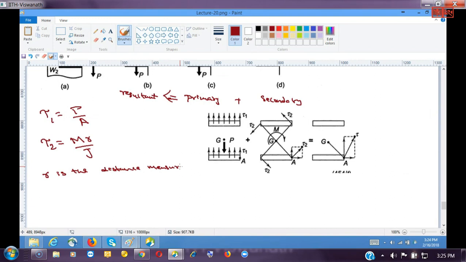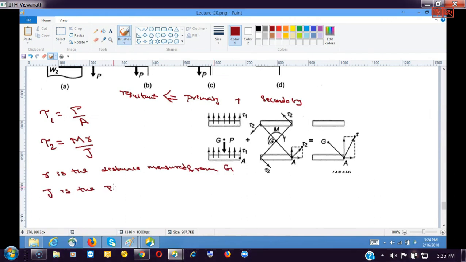M is equal to P times E. This is simple.